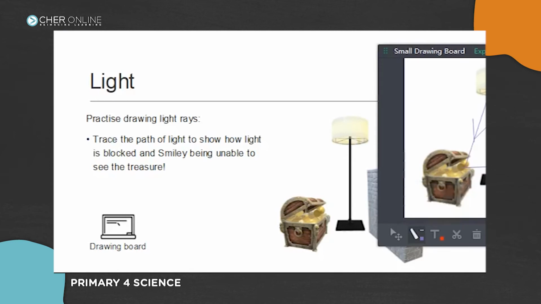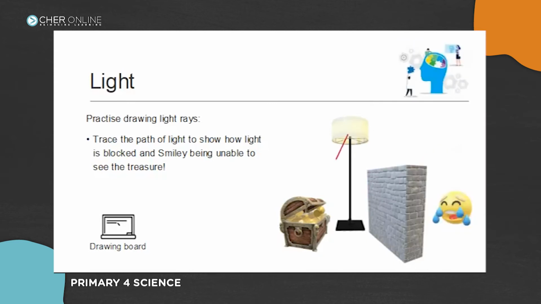Okay, let's look at some of your answers. Yep, so light falls on it. What do you think we can do to make Smiley able to see the treasure? What can we add? Put up your hands. Okay, Isaiah. You add mirrors. So clever. Yes, you're right.